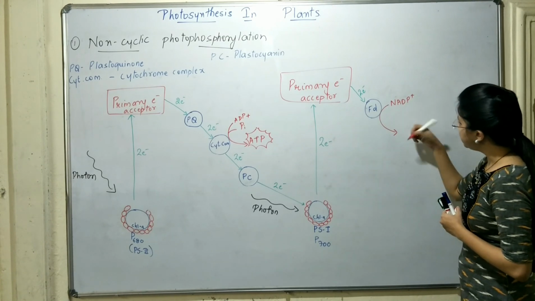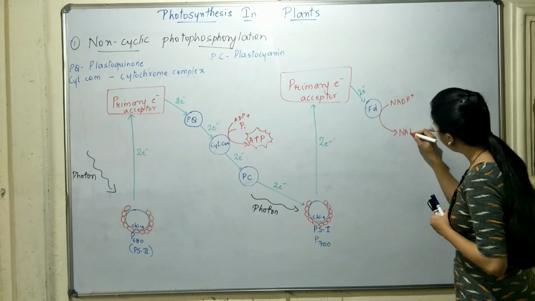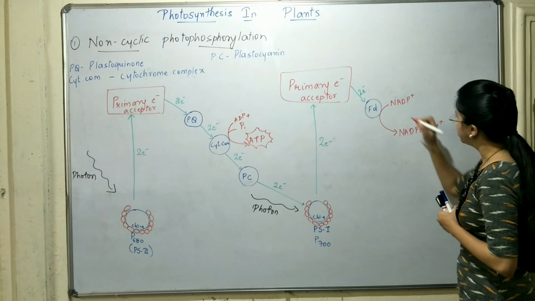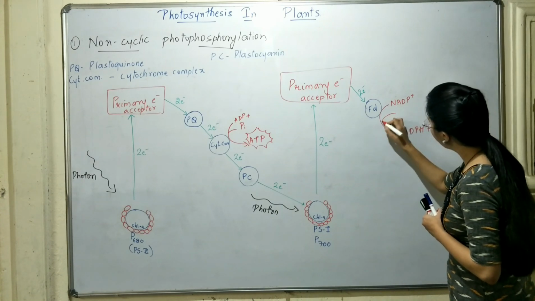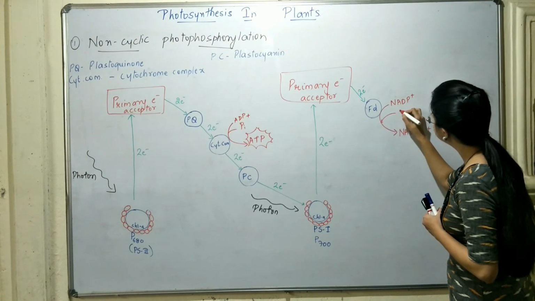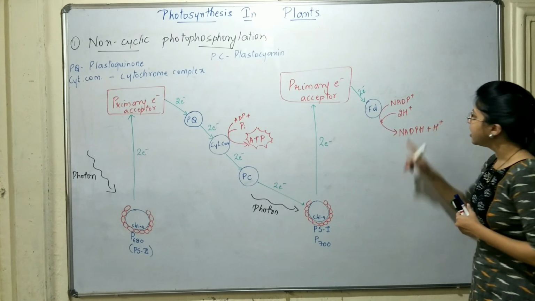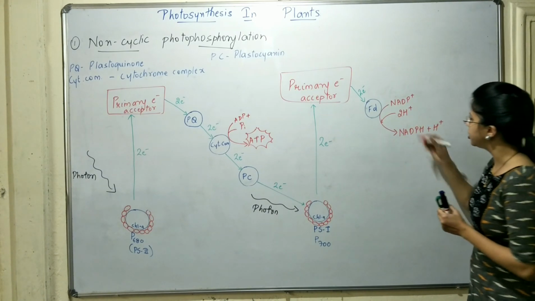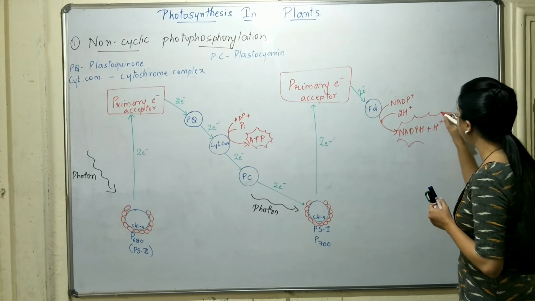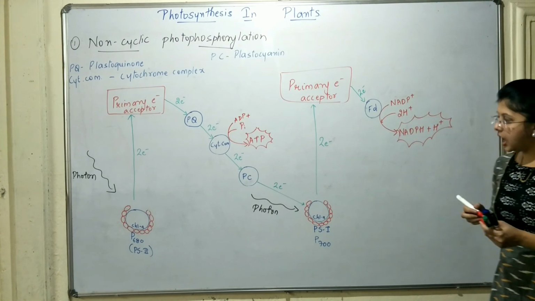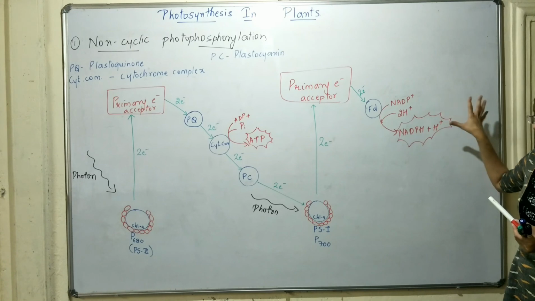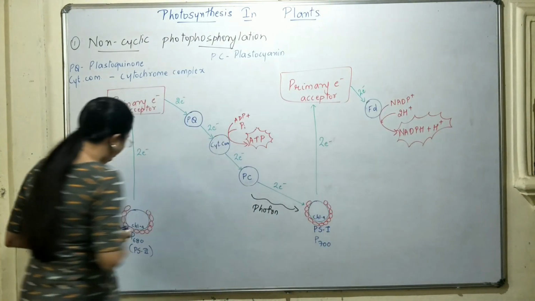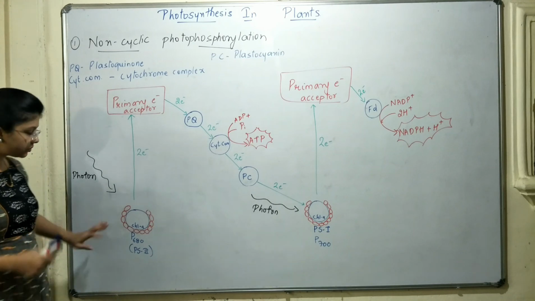Now this NADP is going to be converted to NADPH plus H plus. That means it is also going to receive in this process the two H plus. Now where do these H plus come from and how does this reduction happen? Again, this is also the energy source, right? Let us stop here and move back to the chlorophyll A molecule of the first photosystem.